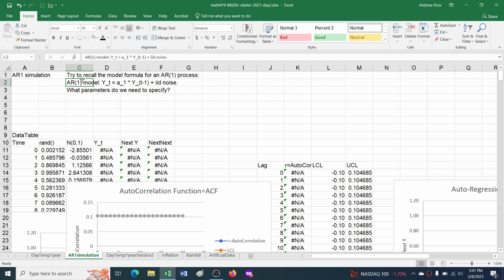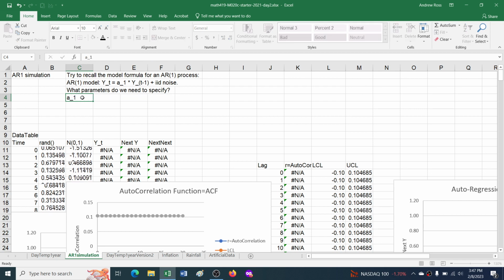So to simulate that, what parameters do we need to give a definite value to, so we can do some computations? Take a sec to think about what we need to specify in order to simulate this process. Well, we've got A1 here. That could be different for different models, so we'll save a spot for A1.